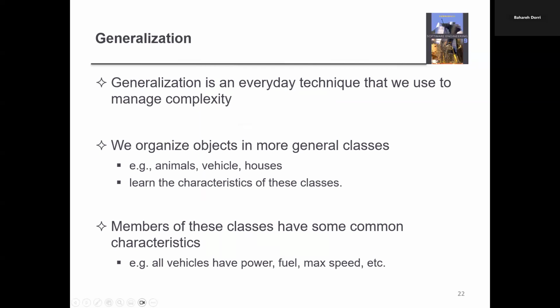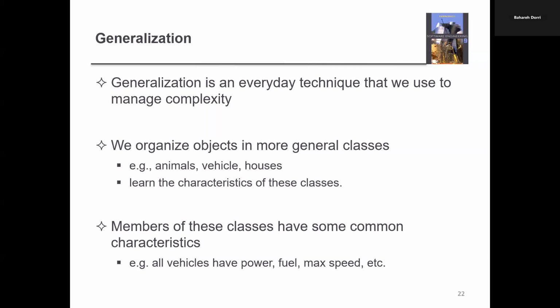Let's talk about generalization, which is one of the core ideas in object-oriented modeling and something we actually use all the time in everyday thinking. Generalization is basically a technique we use to manage complexity by organizing things into broader categories.